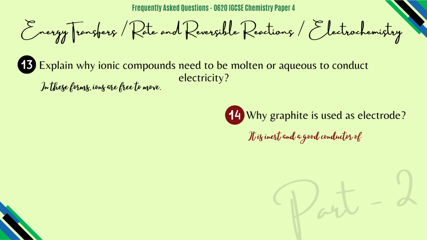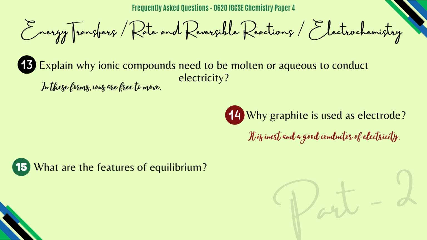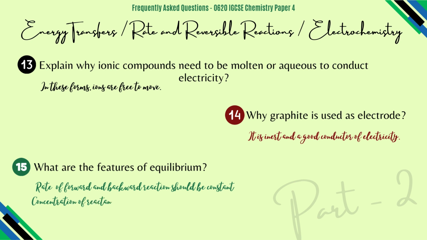It is used as an electrode because it is inert, it's unreactive, and a good conductor of electricity. This question is also very common: what are the features of equilibrium? This question is there in every other paper. The features of equilibrium: the rate of forward and backward reaction should be constant, and the concentration of reactants and products should be equal. These are the two features of equilibrium.